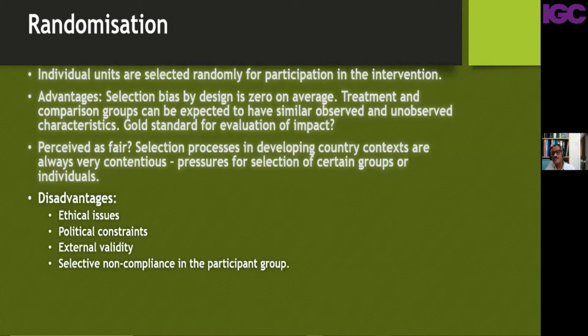There had been a lot of controversy that previously the selection had been made on various other considerations. So the minister was very keen to have a fair system of selecting the beneficiaries. I suggested to the minister that we could go in for randomized selection from the group of eligible participants. And to my surprise, the minister immediately agreed.